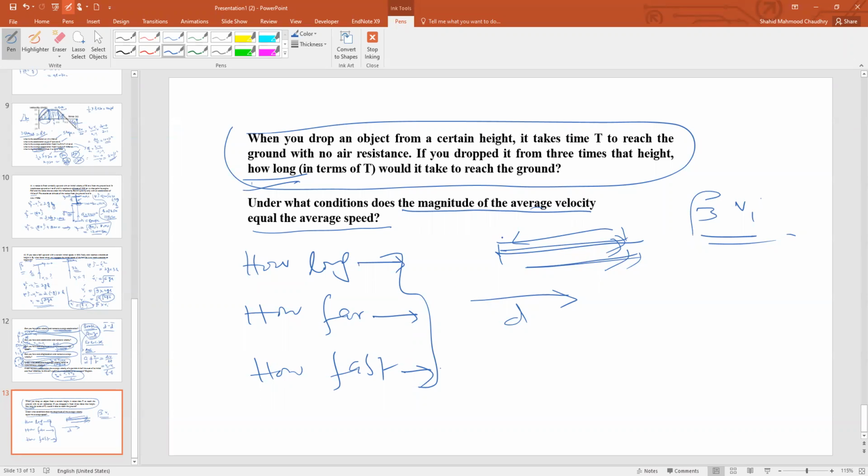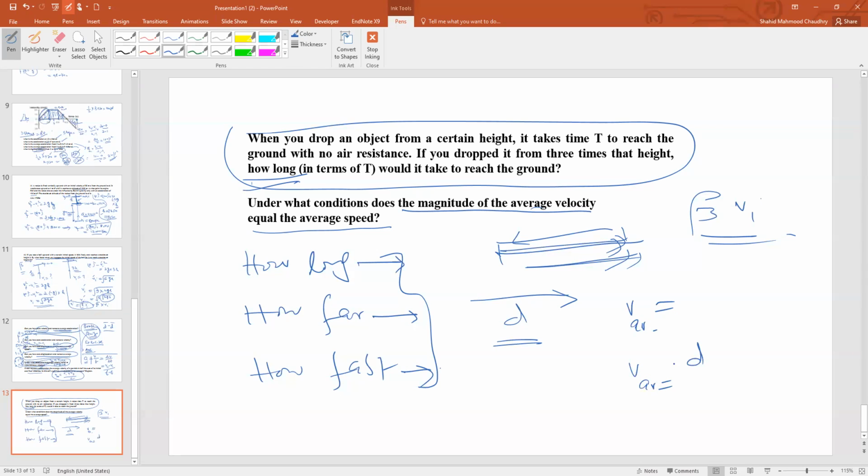You understand this one? Under what condition does the magnitude of the average velocity equal the average speed? The average velocity and the average speed depend on the distance or the displacement. Average speed is total distance over total time, and average velocity is total displacement over total time.